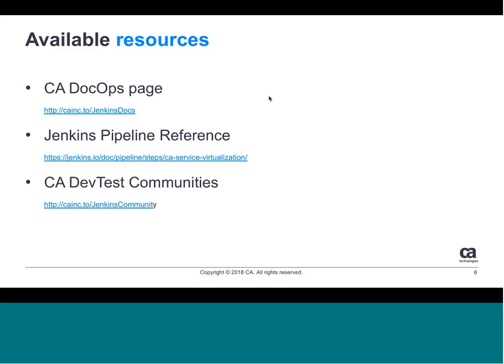DevTest is released periodically, every, I would say, 6 months. But with the plugin, we have the flexibility through the Jenkins marketplace to release new versions frequently, or at a different frequency from the DevTest enterprise product life cycle. So currently, I cannot promise any date.